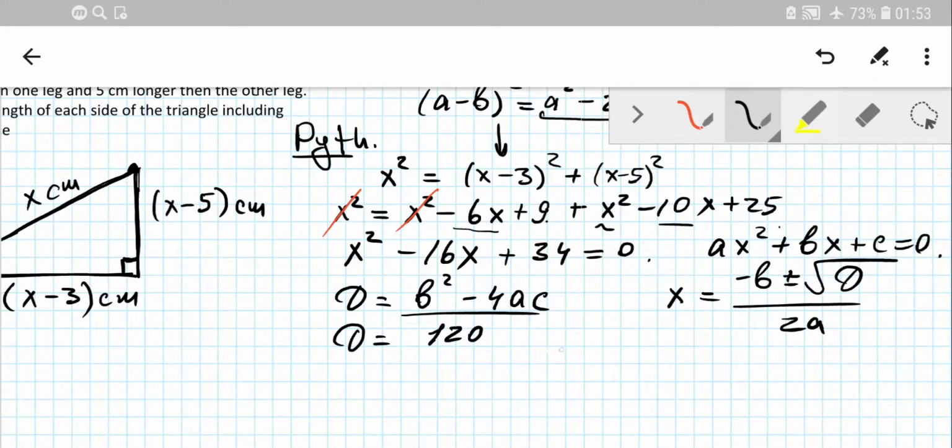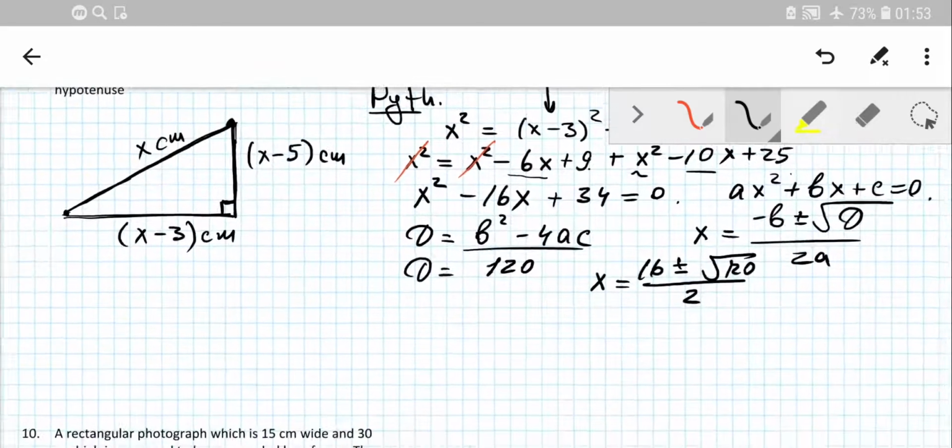In this case, I'm going to use a calculator. So minus b is 16, then plus or minus the square root of the discriminant, which is 16 plus or minus the square root of 120, all over 2.